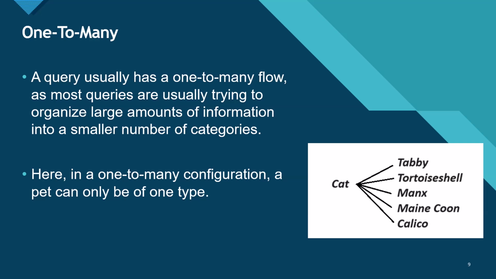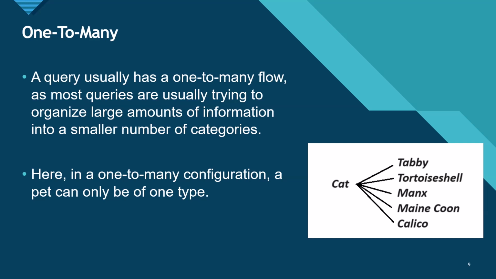Looking at it simply outside the context of databases, you have a cat, and the cat could be any number of different breeds, assuming the breeds don't interbreed. A cat could be a tabby or a tortoiseshell or a manx. Or maybe a better analogy would be a tiger, a cougar, a panther. Technically, they can interbreed, perhaps, but think of these as types of an animal that are completely separate from each other in separate categories.